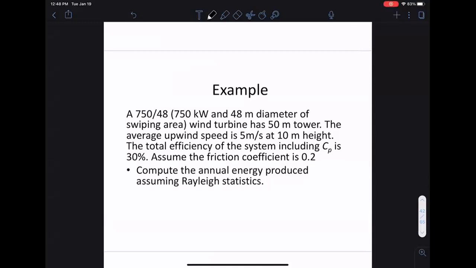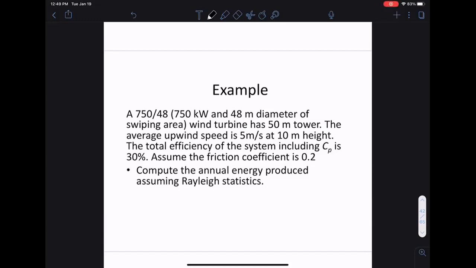The blade has a diameter of 48 meters. It has a 50-meter tower. The average wind speed is 5 meters per second at 10-meter height. And the total efficiency is 30%.